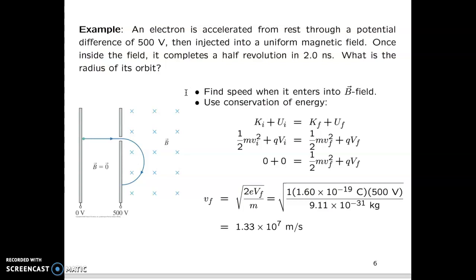It combines that with motion of charged particles in magnetic fields. So here's the picture describing the problem. We have a metal plate which is held at 0 volts, and another conducting metal plate which is held at 500 volts. So we have a parallel plate capacitor.